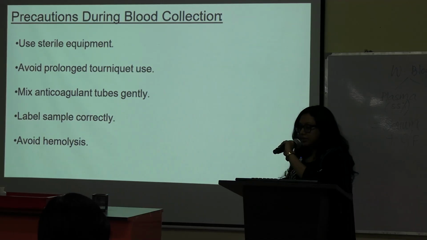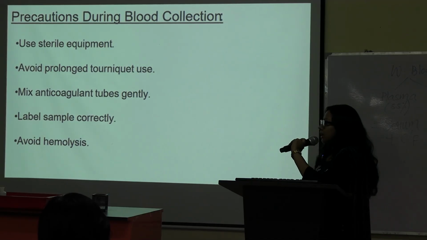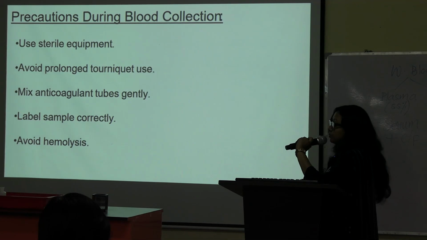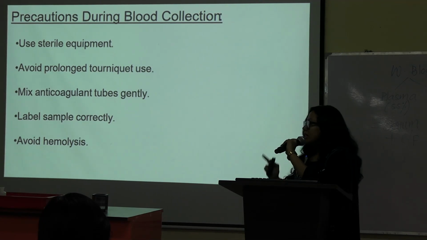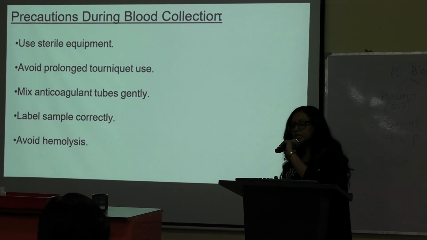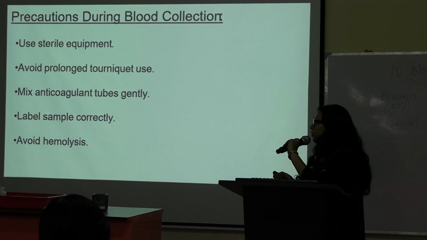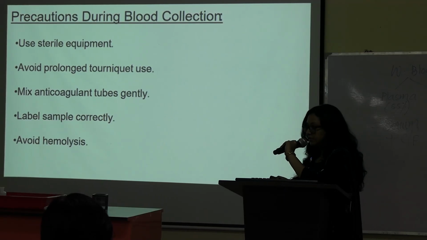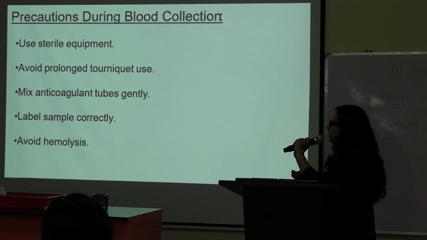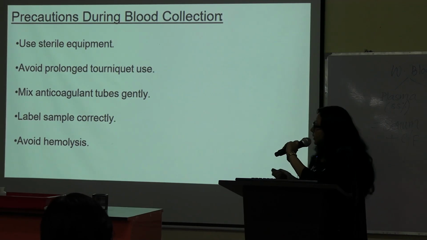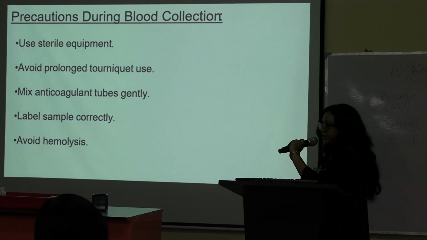there will be hemoconcentration. Alright. So, one very important point to remember is that during calcium estimation of blood, you won't use tourniquet. We don't ask the patient to clench his fist. Okay. So, if you do that, there will be false results. So that's why we avoid prolonged use of tourniquet.